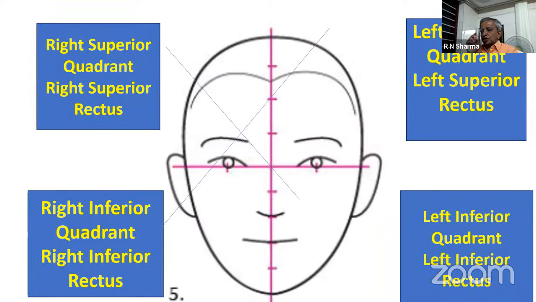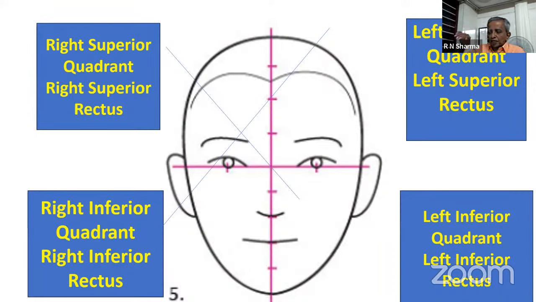So when the patient is asked to look to the right side, then look upward, the patient is looking to the right superior quadrant. The muscles that are acting to make the patient look at the right superior quadrant will be right superior rectus and left inferior oblique.